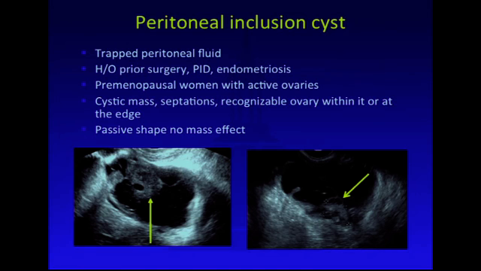Usually, of course, it occurs in premenopausal women with active ovaries, and you're going to see a cystic lesion with septation, and look for the recognizable ovary, which is within the mass or around the edges. And the other thing is, if you look, the lesion has a passive shape. There's no mass effect on the adjacent ovary. But we can suggest a diagnosis, especially in the appropriate clinical context, and then recommend another MR to confirm the diagnosis.